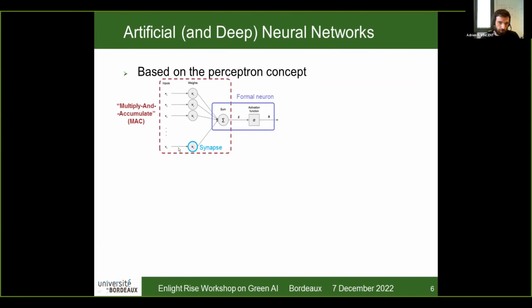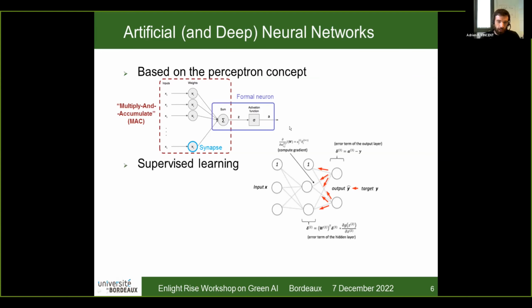And they are connected to other neurons through synapses, so synaptic weights. And here we find the multiply and accumulate operations that I was discussing before, where a neuron is performing the sum of the inputs weighted by the synaptic weights, so multiply and accumulate.